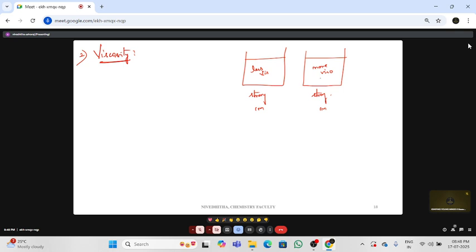In both the solutions, the number of ions produced will be the same. But who's responsible for this conductivity? The ions and their mobility, right? These ions produced by electrolytes are responsible for the conductivity, and if the ions are free to move, then we'll have more conductivity. If the ions can't move properly, then their molar conductivity will get reduced.